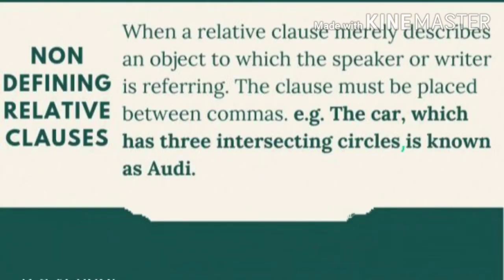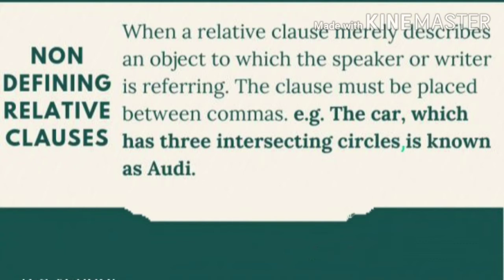Next one, non-defining relative clauses. When a relative clause merely describes an object to which the speaker or writer is referring, the clause must be placed between commas. For example, the car, which has three intersecting circles, is known as Audi.